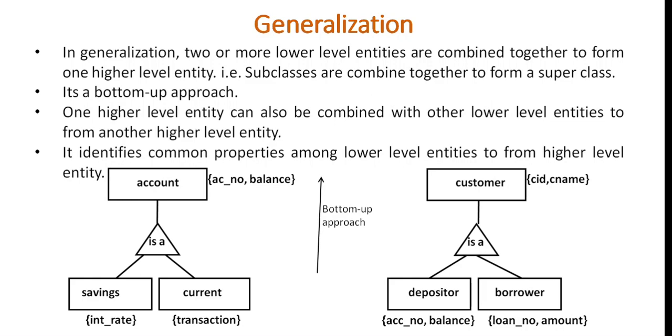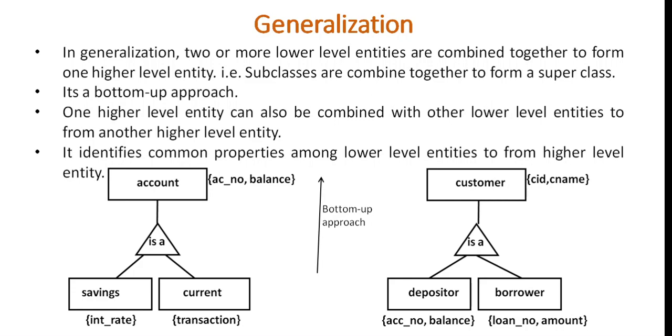Okay, so if you look at this diagram, account is a savings account, account is a current account. So here it is used to represent a superclass and subclass relationship. Here account is the superclass and savings and current accounts are the subclasses.